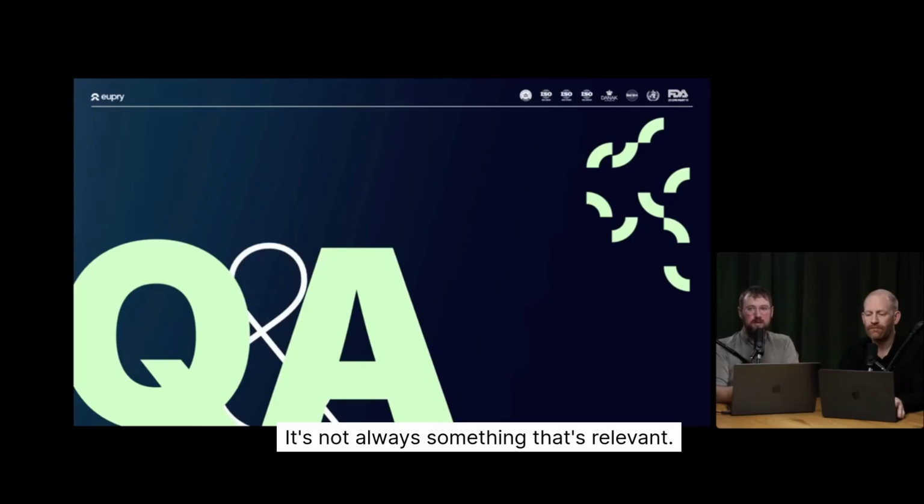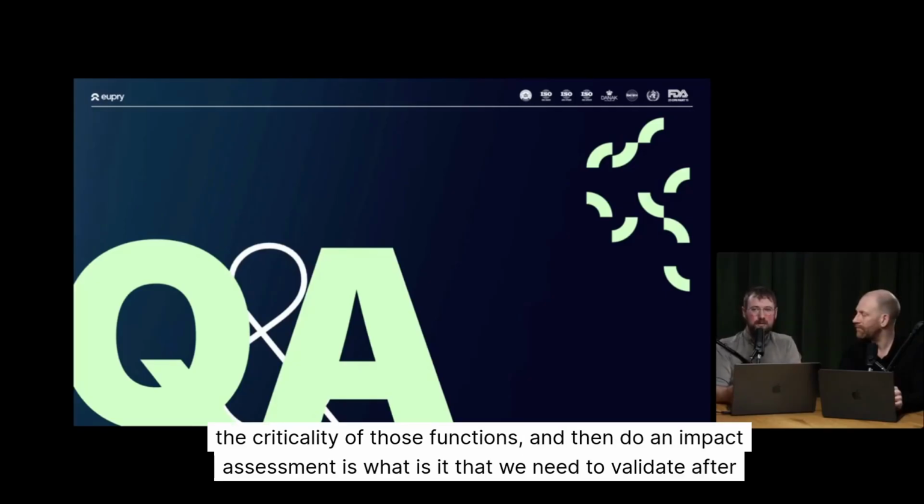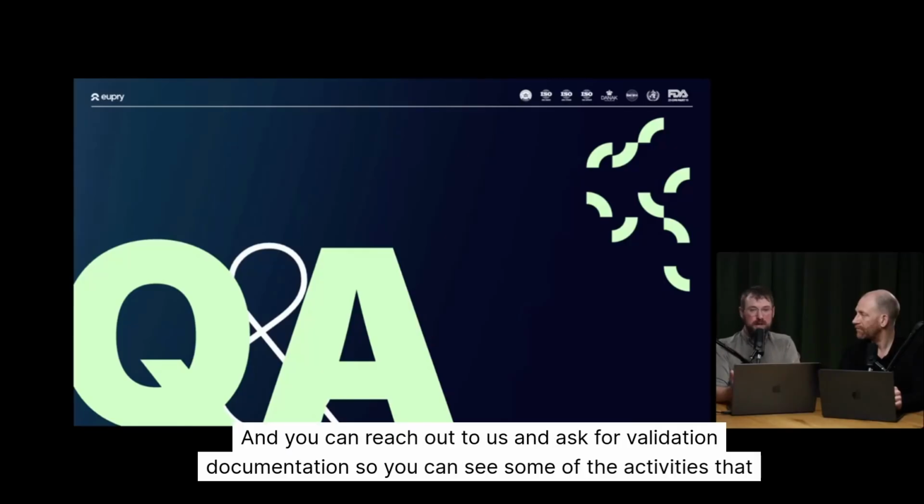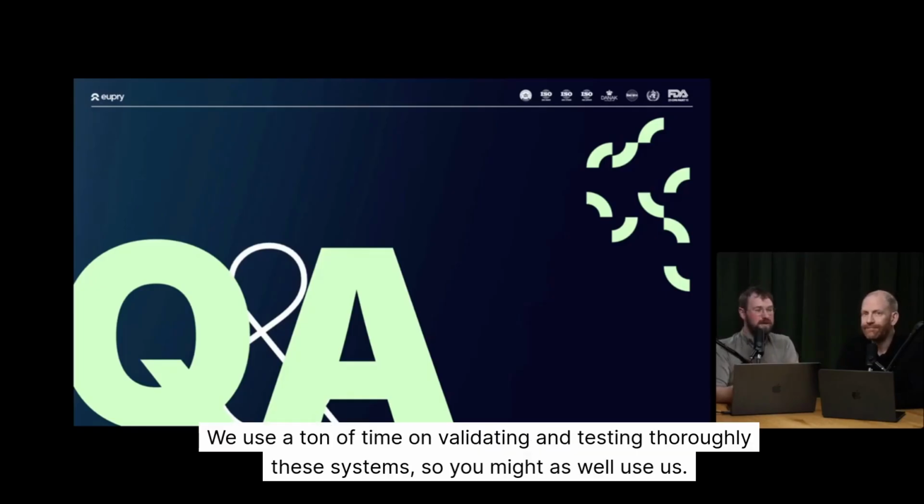It's not always something that's relevant, the criticality of those functions. And then do an impact assessment: what is it that we need to validate after the change has been released? And you can reach out to us and ask for validation documentation so you can see some of the activities that we undergo. So we use a ton of time on validating and testing thoroughly these systems, so you might as well use us.